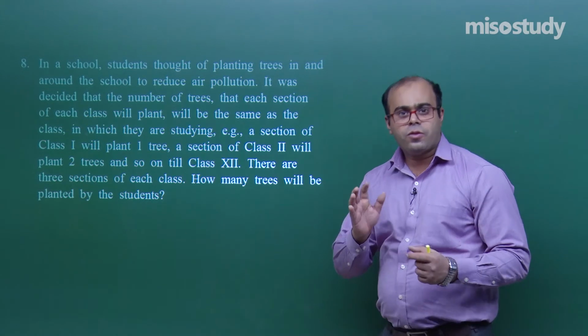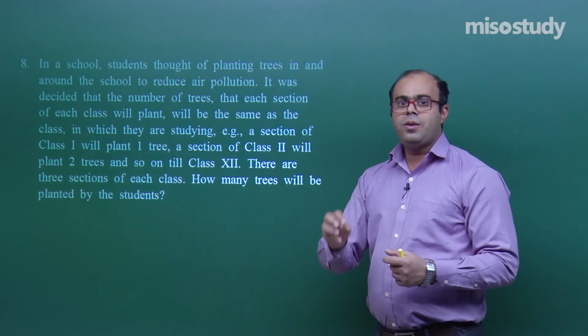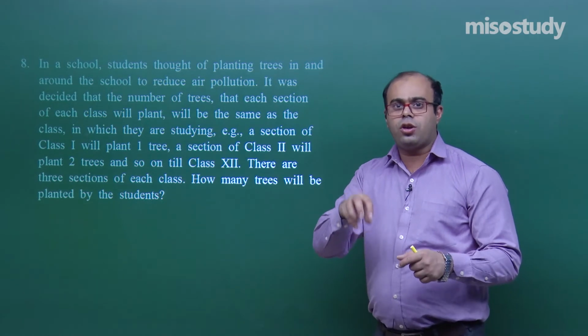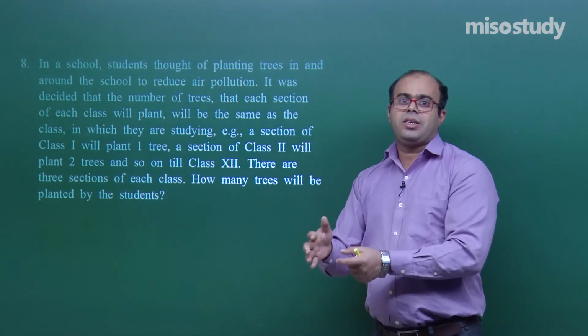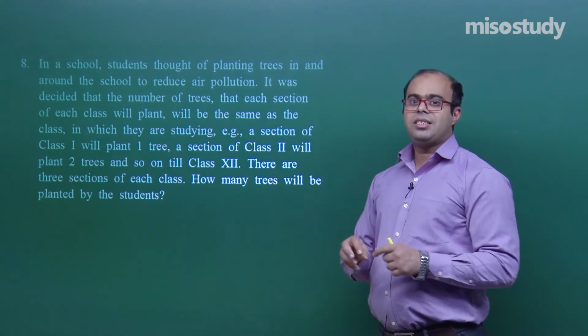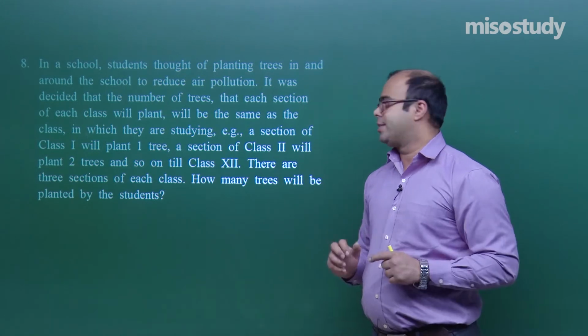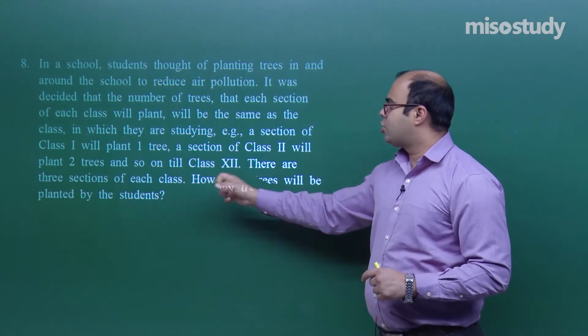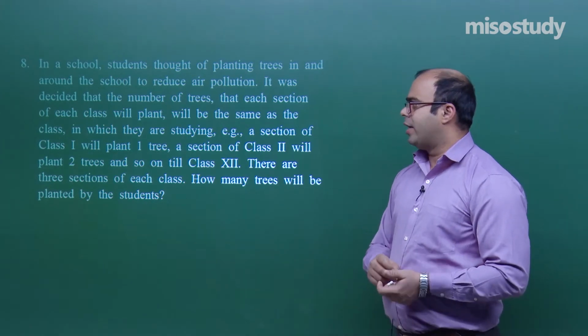So there are classes 1, 2, 3, 4 till the 12th class. Each section of a class will plant a number of trees equal to the class in which it is. So if there is a class 5 section, it will plant 5 trees. There are 3 sections of each class. How many trees will be planted by the students?